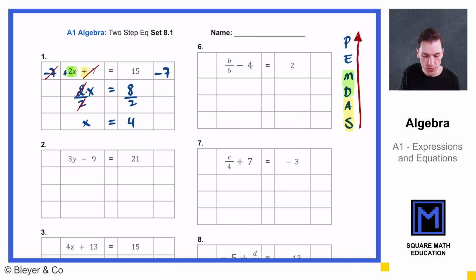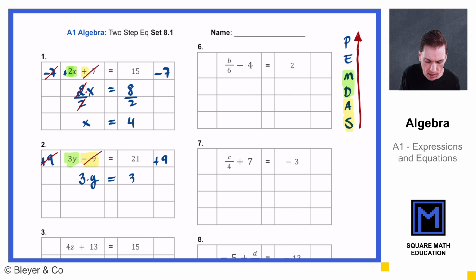Next equation, we have two terms. We have a constant term, -9, and we have the variable term 3y, or 3 times y. So we're going to undo the subtraction by adding 9 on both sides of my equation. Adding 9, subtracting 9, cancel out, equals under equal. We have 3y, or 3 times y, if you want to emphasize.